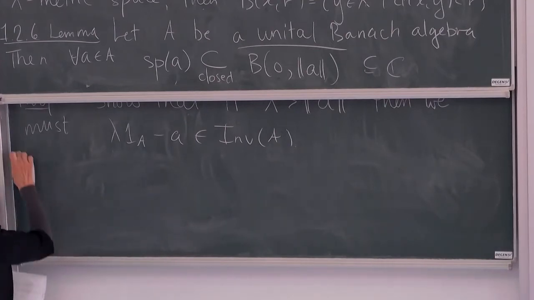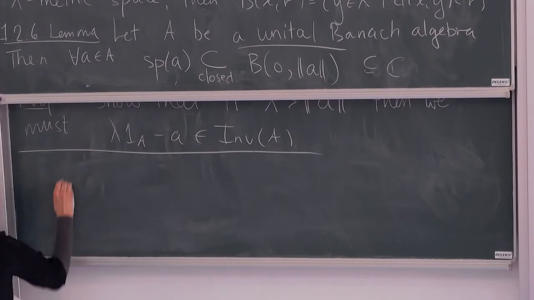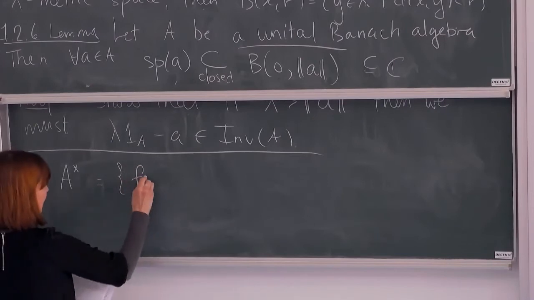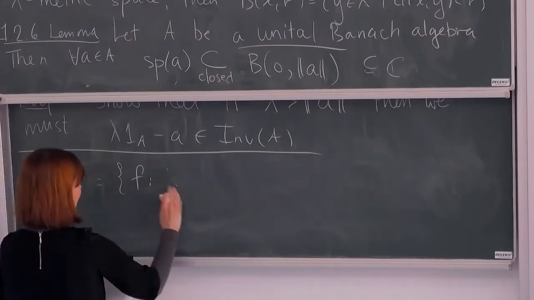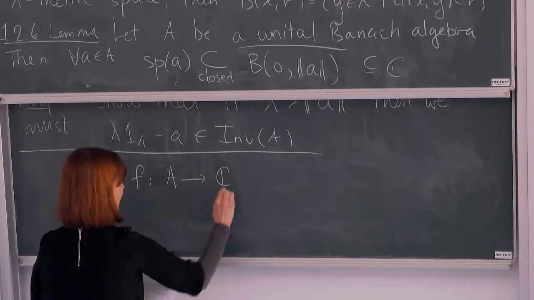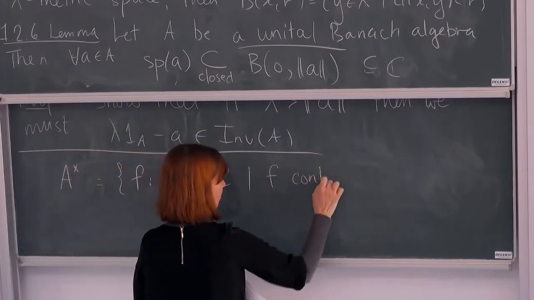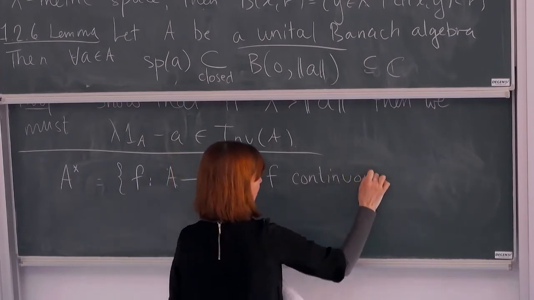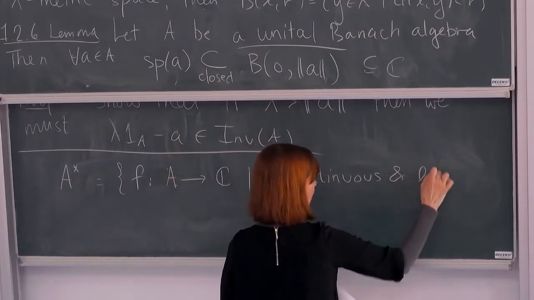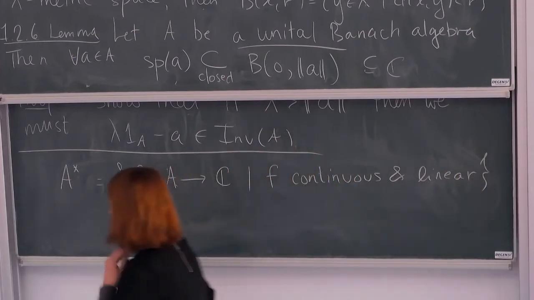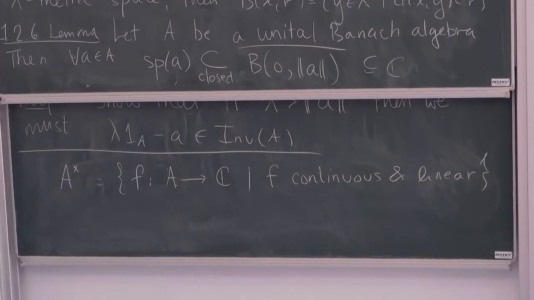So I will denote by A star the continuous linear dual of A. So that's going to be functions from A to C that are continuous and linear. And then we can equip this with the weak star topology.